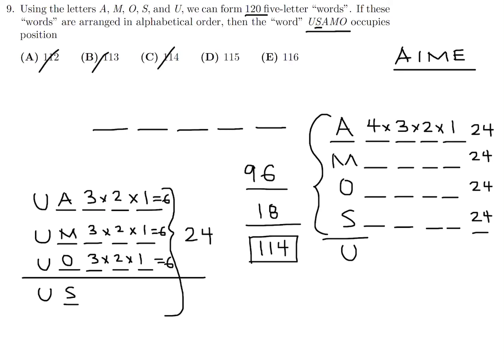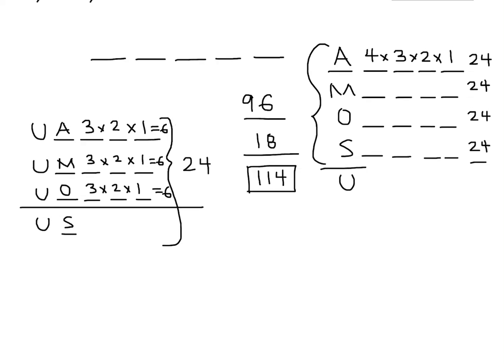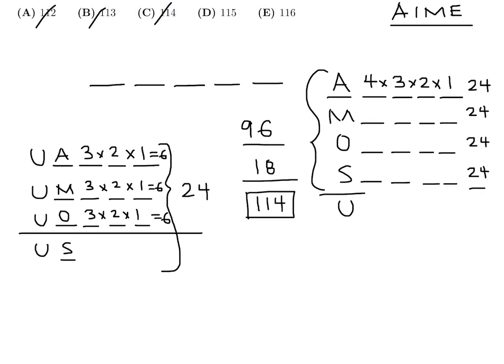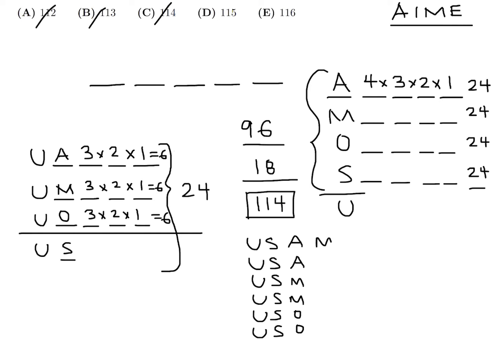So we've already eliminated this. Now we get into the final 6. The final 6 words. And they all begin with US, right? US. And in alphabetical order, they would be A, M, and O. And then we choose the second last letter, MO, OM.